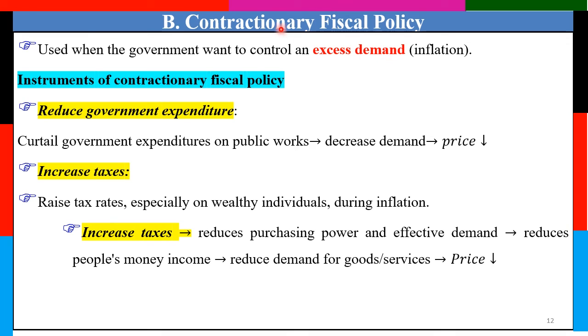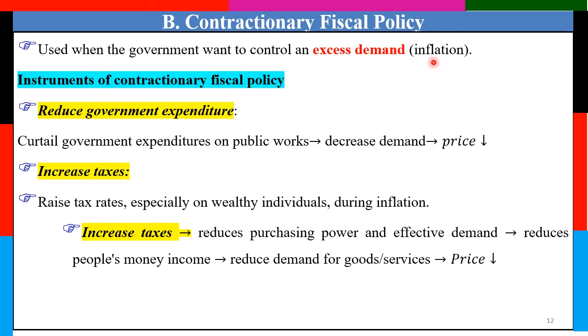But contractionary fiscal policy is undertaken when there is excess demand, that means when the aggregate demand is greater than the aggregate supply, or in simple words, during inflation.